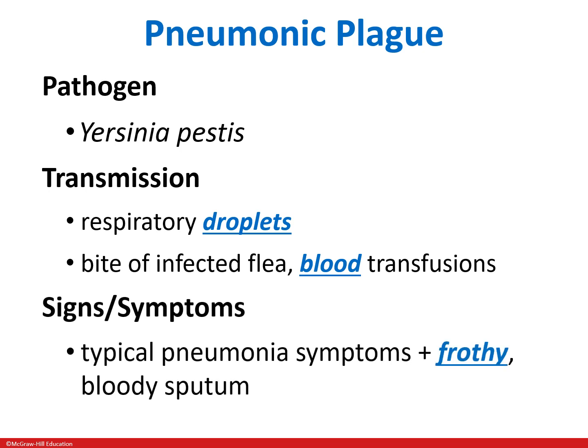And so again, signs and symptoms are going to be typical pneumonia symptoms, but this one will have a more frothy, so more, think bubbles, as opposed to a thick, bloody sputum. So that was one of the distinguishing factors between Klebsiella and pneumonic plague.